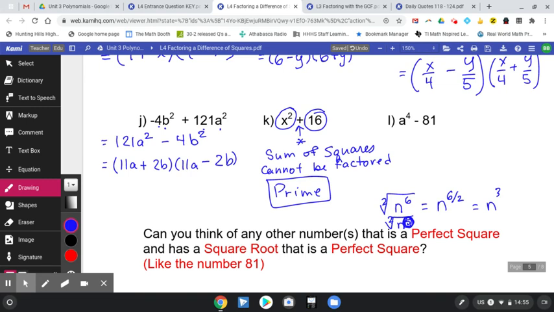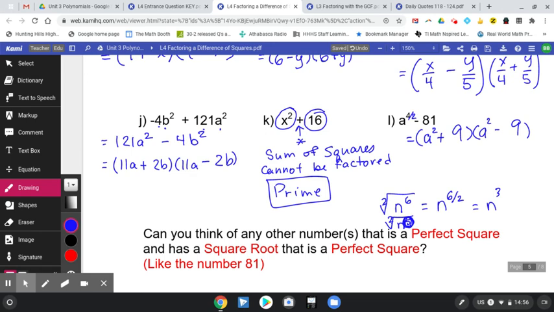All right, let's try this one out. Setting up my brackets. So square root of a to the 4, all I do is divide that 4 by 2. It's going to be a squared. Square root of 81 is 9. One is adding, one is subtracting.